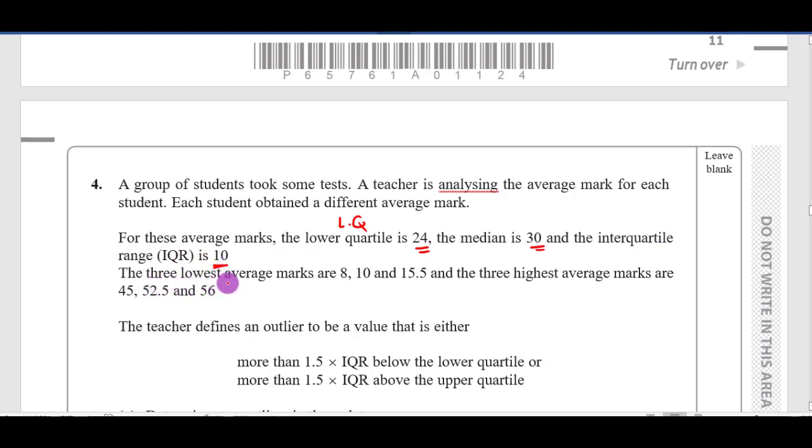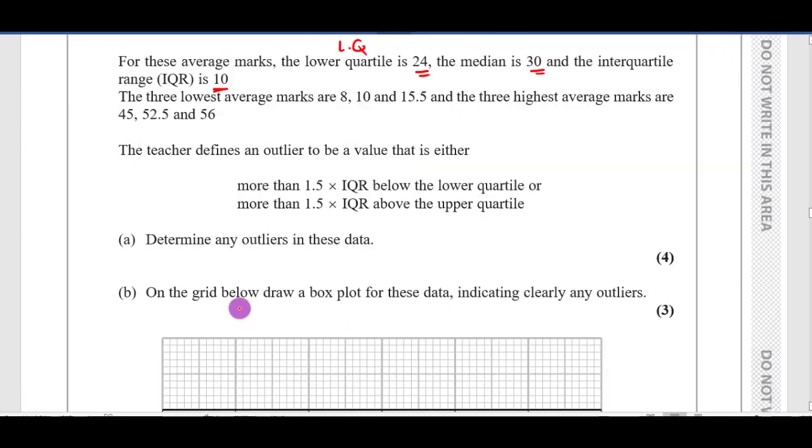The three lowest average marks are 8, 10, and 15.5, and the three highest average marks are 45, 52.5, and 56. The teacher defined an outlier to be a value that is either more than 1.5 interquartile ranges below the lower quartile or more than 1.5 interquartile ranges above the upper quartile. Determine any outliers in this data.